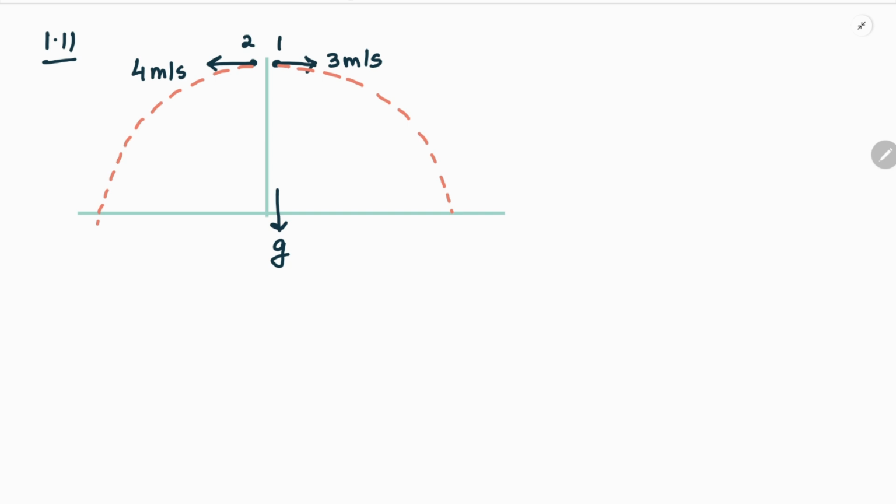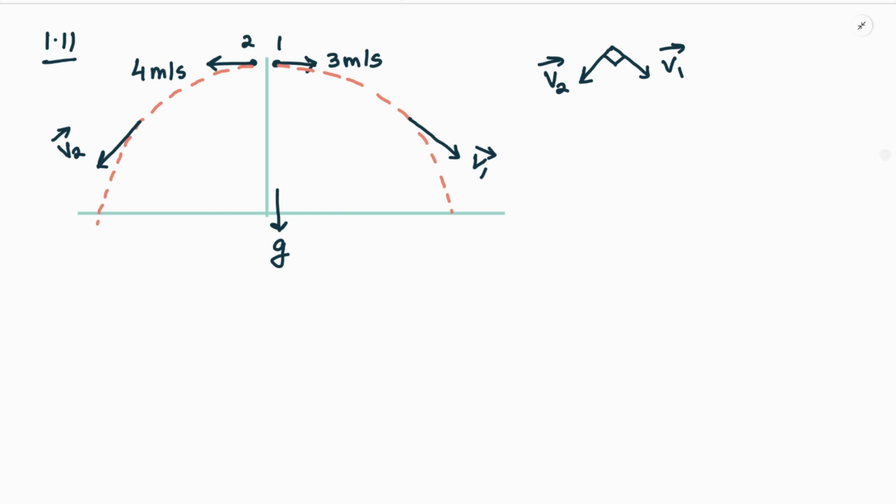Now at an instant of time, the velocity vector for two will be somewhat like this, and at the same instant of time, the velocity vector for one will be somewhat like this, such that the v2 vector and v1 vector are perpendicular to each other.